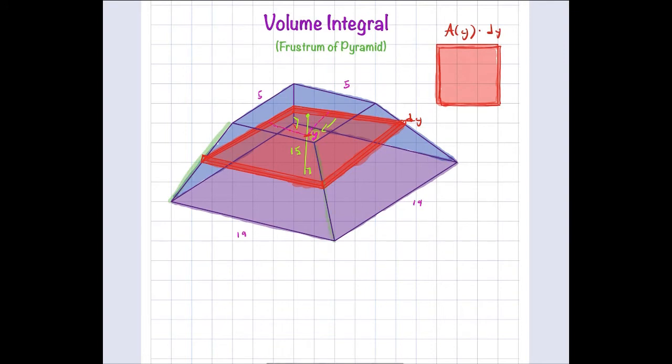They all have the same slope up. So the side length, and therefore the area, is all varying at the same rate. It's changing at the same rate the whole way through, because it's guided up by these lines which have a constant slope.